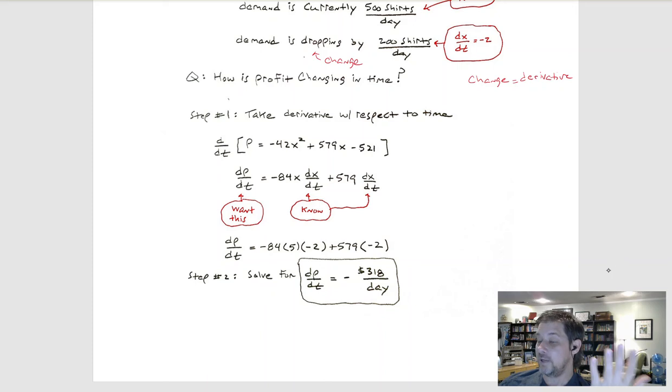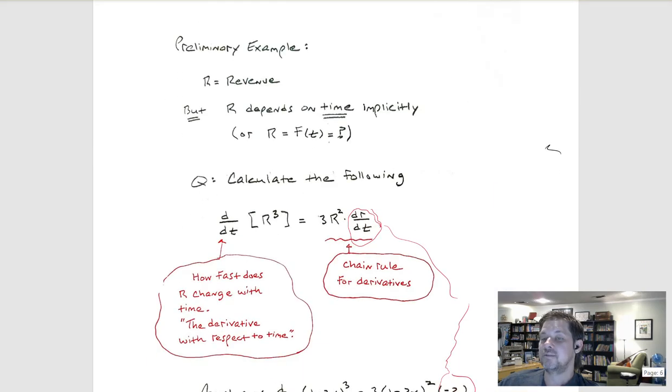It would be 1, but p is not just this variable that has no linkage to anything else in the problem. It depends on time. So I really have to say, well, the derivative of p is 1, but then multiply that by dp over dt.